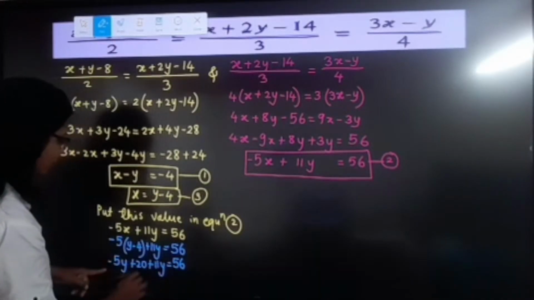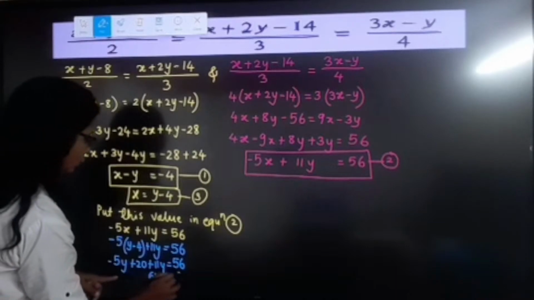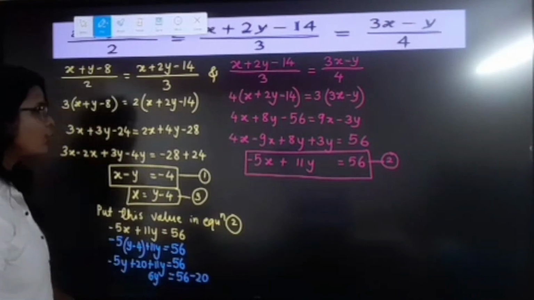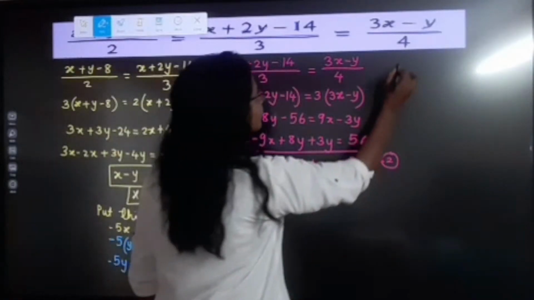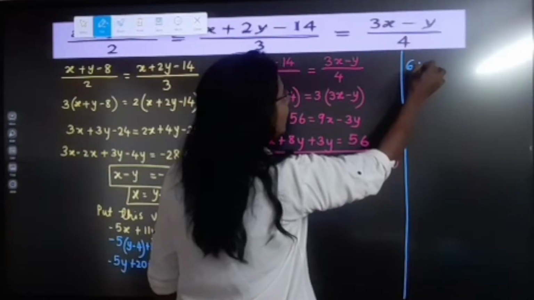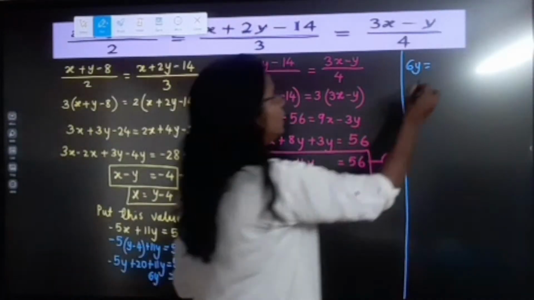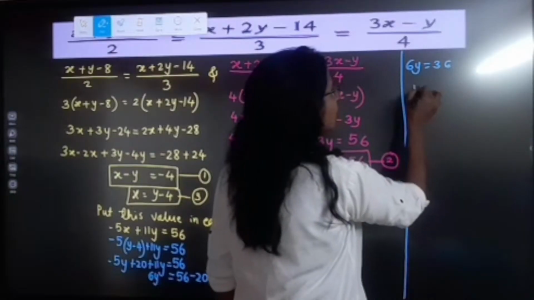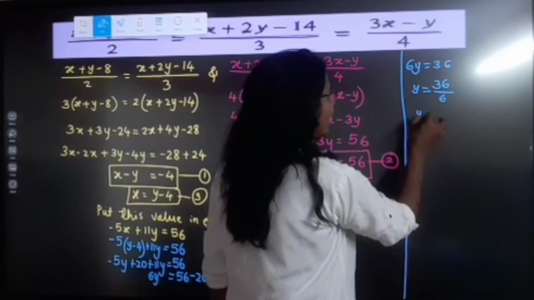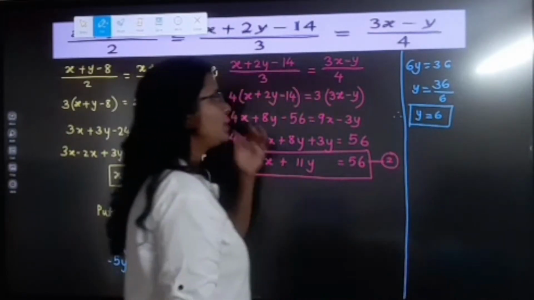So 11 minus 5, that means 6y, is equal to 56 minus 20. 6y is equal to 36. So y is equal to 36 upon 6. So y is equal to 6, students.